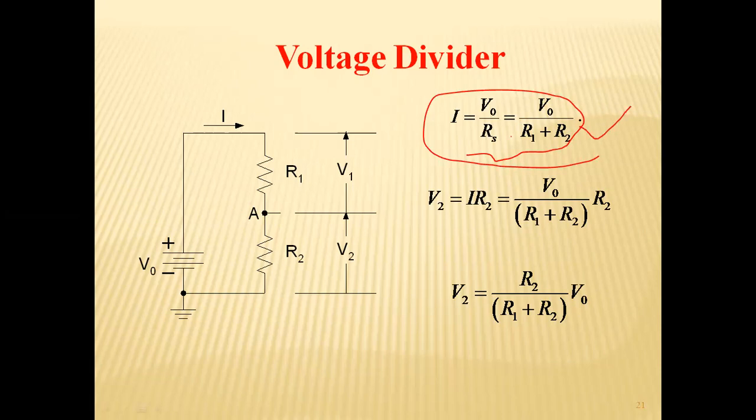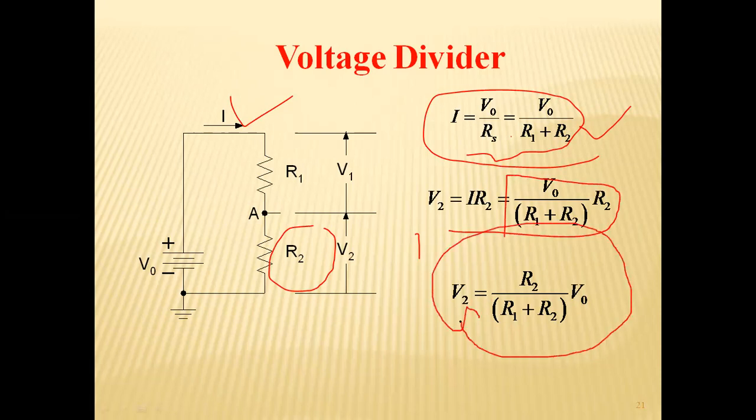So the total current is V0 by (R1 plus R2), and for V2, this is resistor R2 with current I flowing, so V2 is I times R2. You can modify this equation so that V2 is equal to R2 by (R1 plus R2) times V0. So we have seen how the voltage is going to be divided.